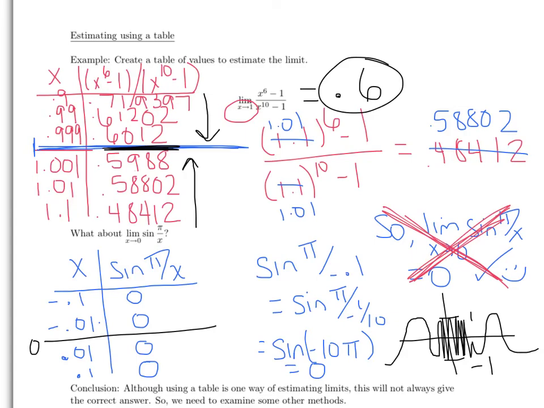If you try to zoom in and figure out what value is right there, you're never going to be able to get a value. It oscillates so fast up and down right around 0 that there's not a limit value. So the actual answer here is does not exist, but you can't tell that by the values you chose for your table. So tables are somewhat dangerous, and I'll make a quick statement about that at the end of this video.